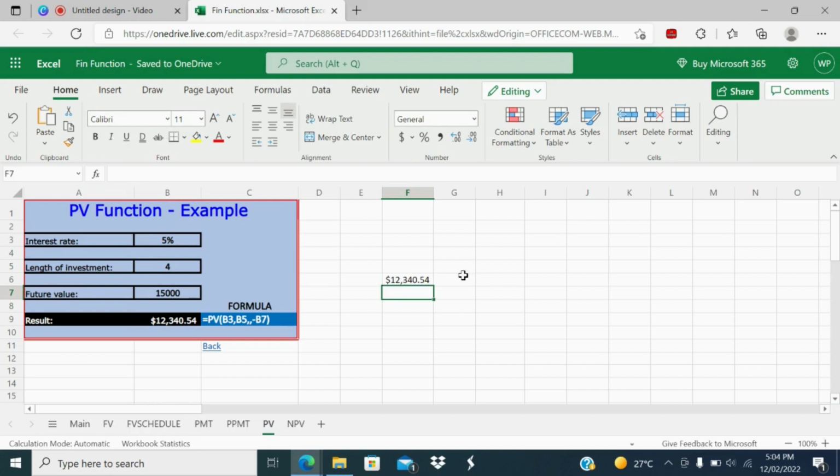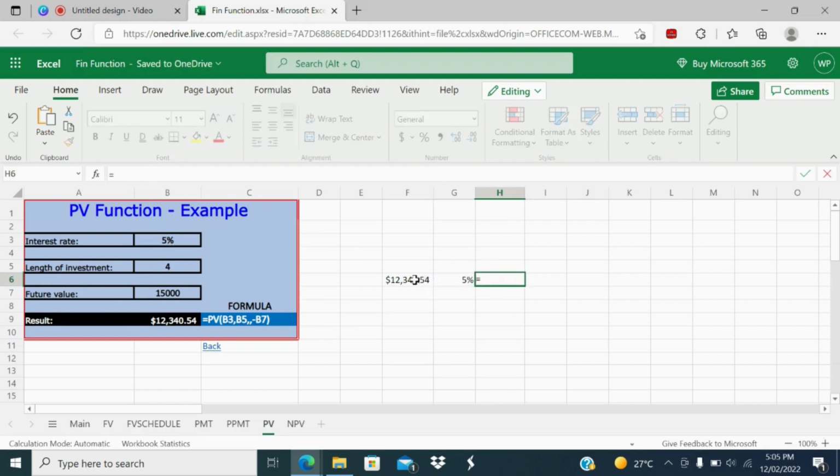If you want to cross check whether this answer is correct or not, let me calculate the interest at 5%. In the first year, how much interest will I get? 617.03.